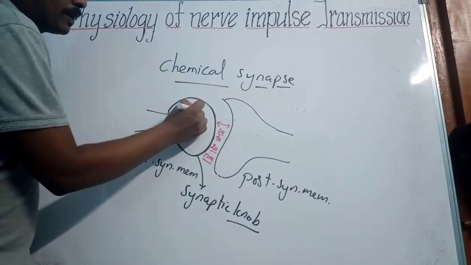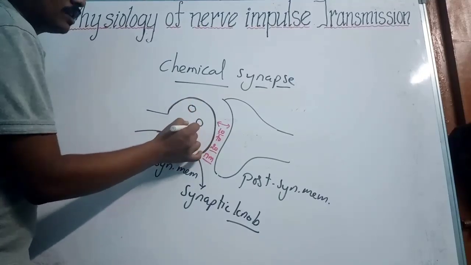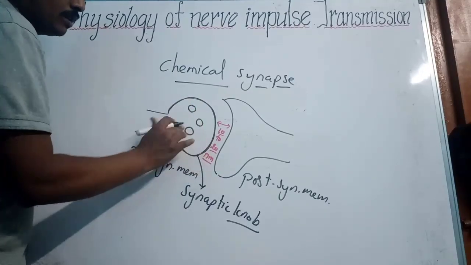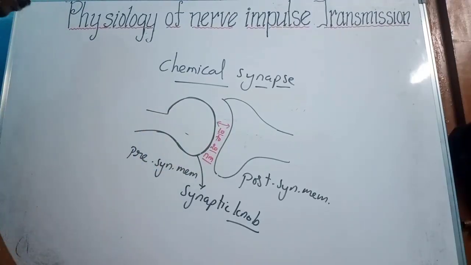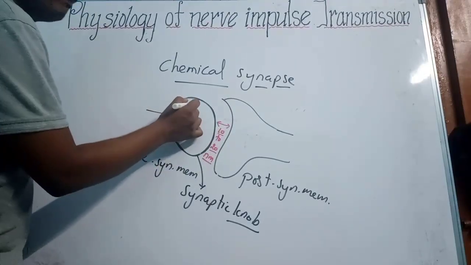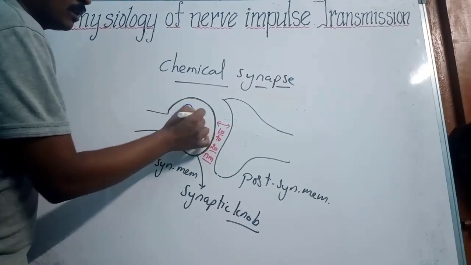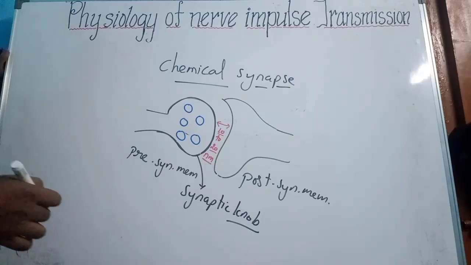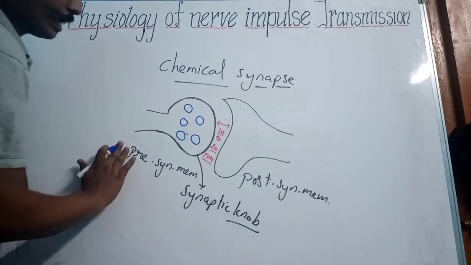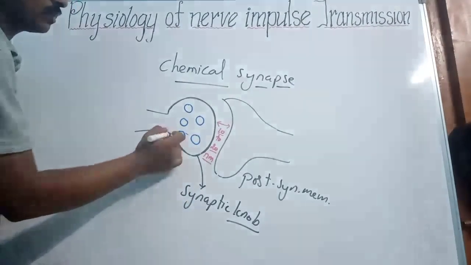And synaptic knobs contain some special packets of chemicals. I'll use some other color so it will be easier for us to remember. They have special packets in the knobs, and these packets are called synaptic vesicles.